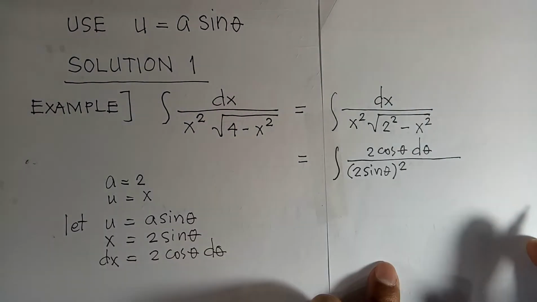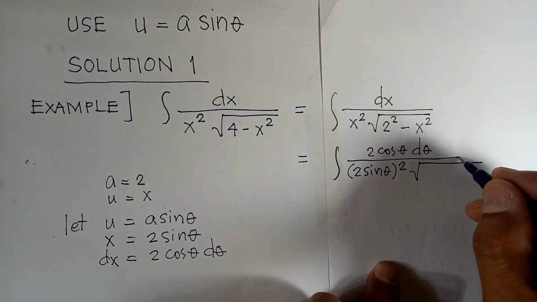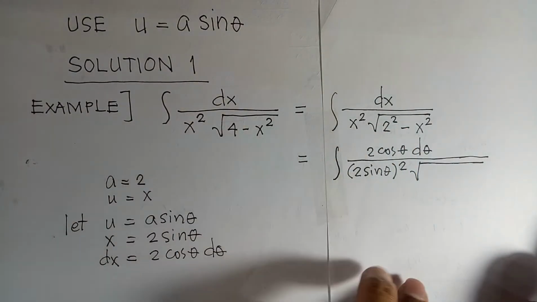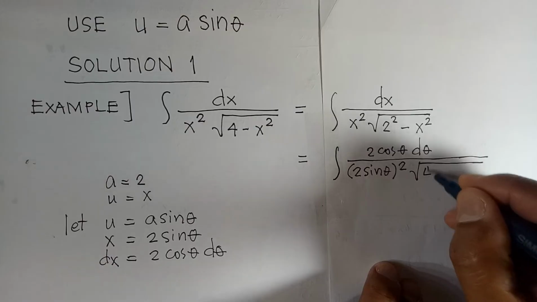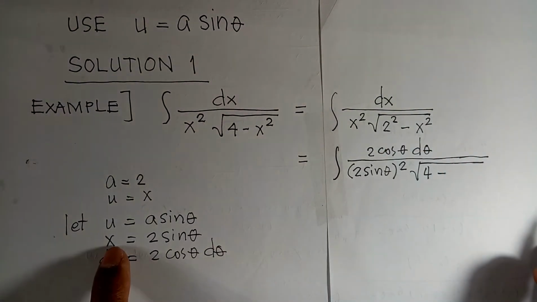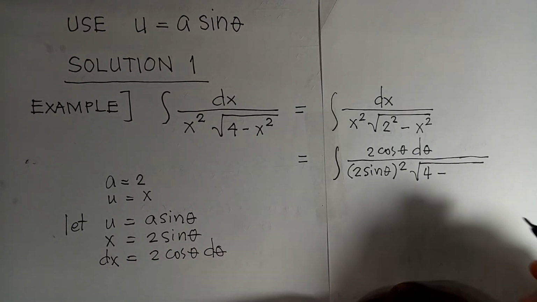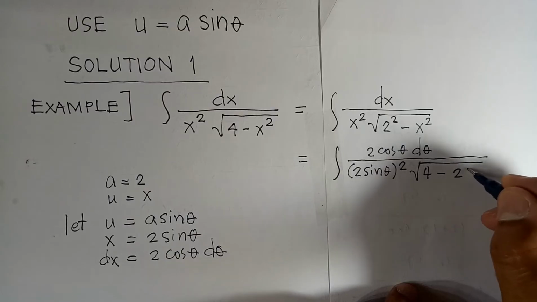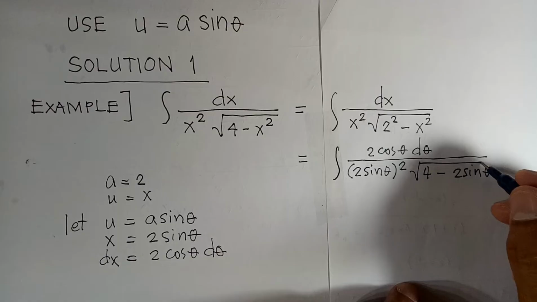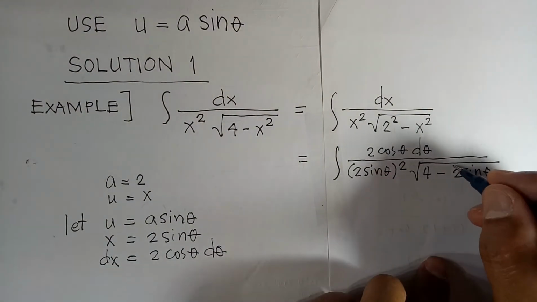As we have the square root. So, yung 2 squared equals sa 4. Minus. Tapos yung x, equals sa 2 sine theta. So, papalitan siya ng 2 sine theta. Kaya rin, yung x ay naka-squared. So, i-squarein din natin ito.